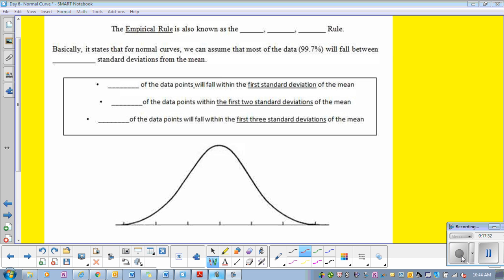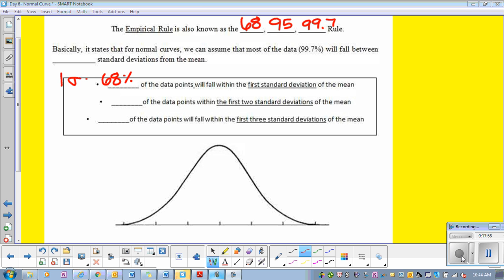So then let's get back to this. Let's talk about something called the empirical rule. The empirical rule is known as the 68, 95, 99.7 rule. Why? Well, because it goes in this order, okay?